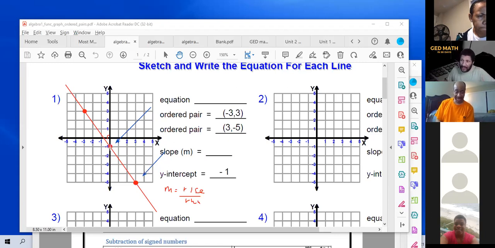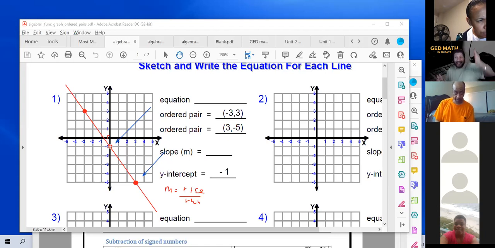So in order to get from this point to my second point, what direction do I have to go? Right. Go right 3. Hold on. This is what you want to remember. The formula is rise over run. So we want to do the rise first.